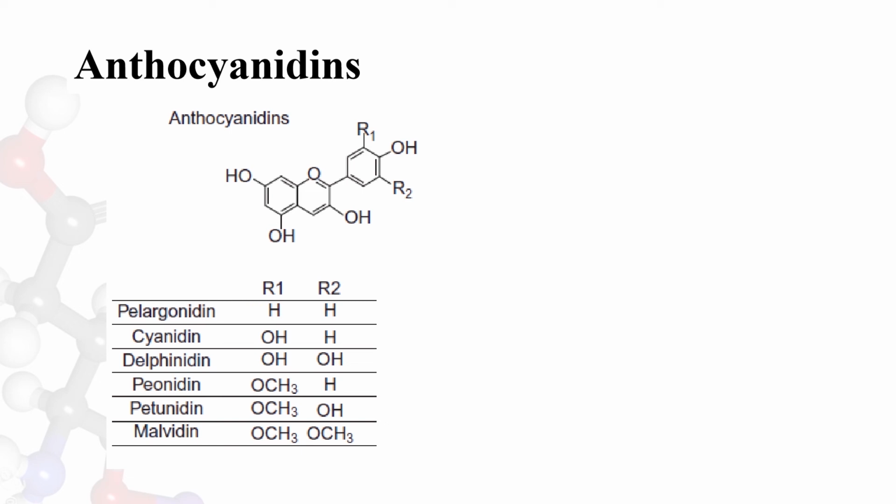Like flavanols, anthocyanidins do not present a keto group in carbon 4, but possess a hydroxy in carbon 3 and 2 double bonds in ring C. Due to this structural characteristic, they are the only ionic flavonoids.